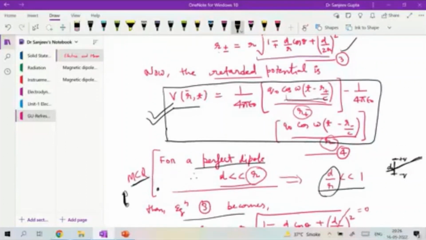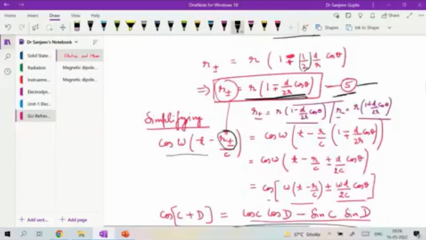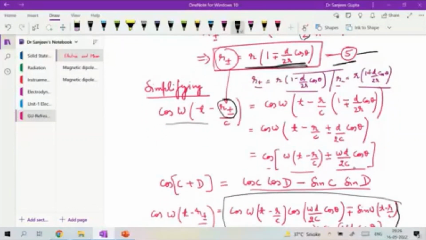If you look here, cos omega t minus R plus or minus by c. For that, I'm going to put the R plus or minus value, that is expression number 5, in here. So I will have two terms, cos C and cos D, that is C plus D or C minus D.